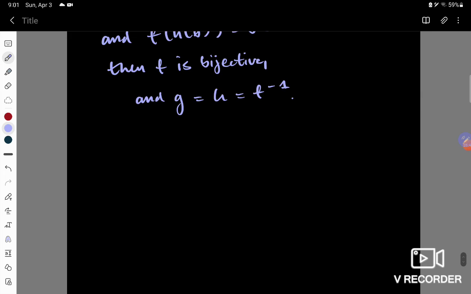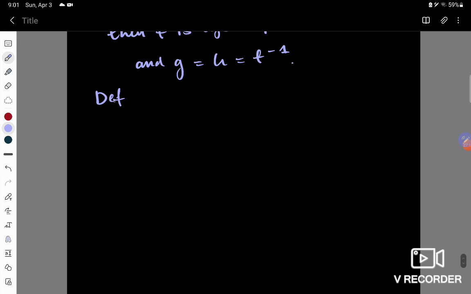Now let's look at some definitions based on this idea of image and how it interacts with subsets, and instead of taking inverse images of points, how we can map points back as well as entire sets of points back. So now let's do this definition.